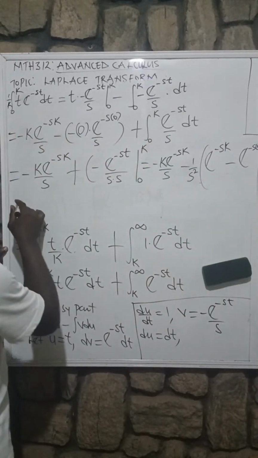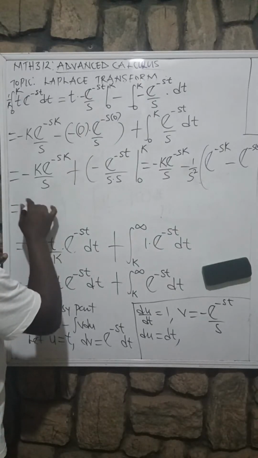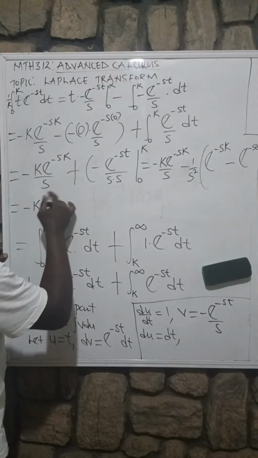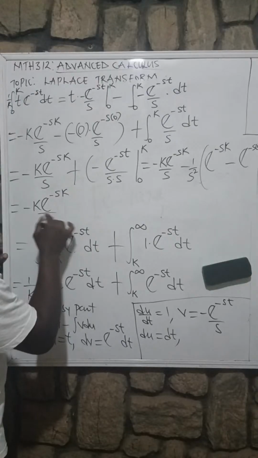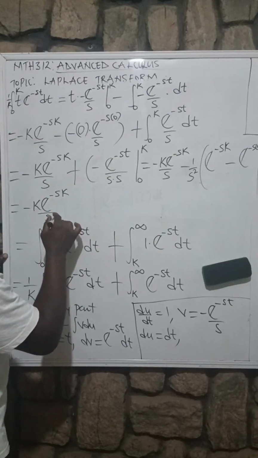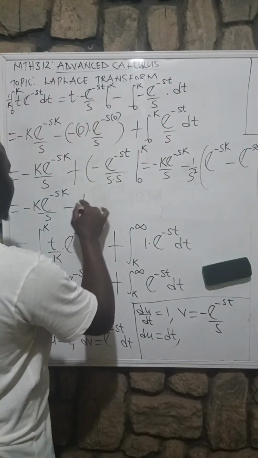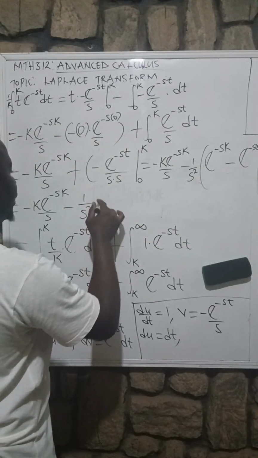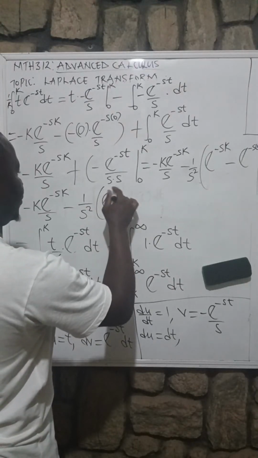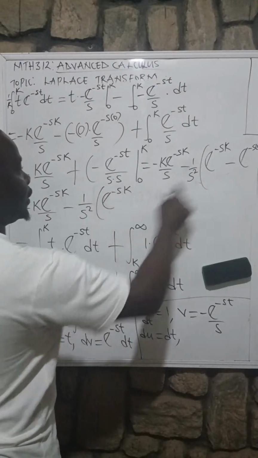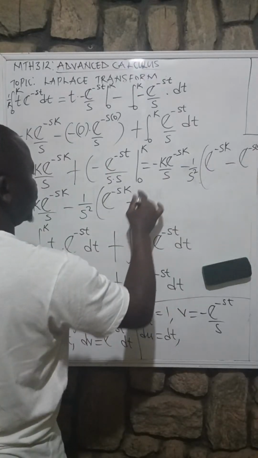So far so good. This is equals to minus k exponential minus sk all over s, then minus 1 all over s squared, open bracket exponential minus sk, then here will be 0. Everything raised to power 0 is 1. Minus 1.